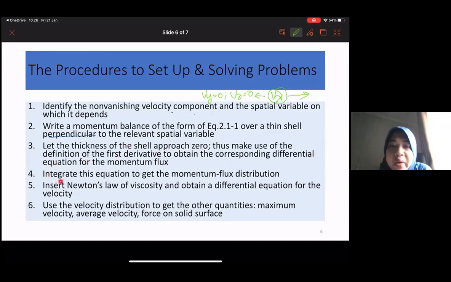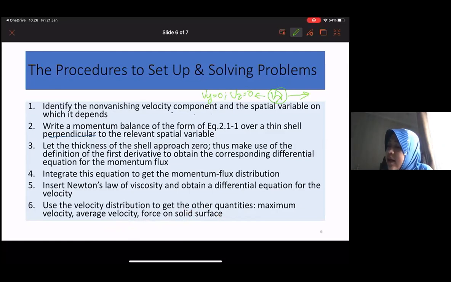Then we can integrate this equation with the corresponding boundary condition to get the momentum flux distribution. After that, we insert Newton's law of viscosity to obtain a differential equation for the velocity. We can use the velocity distribution to get other quantities, for example the maximum velocity, average velocity, or the force on the solid surface.